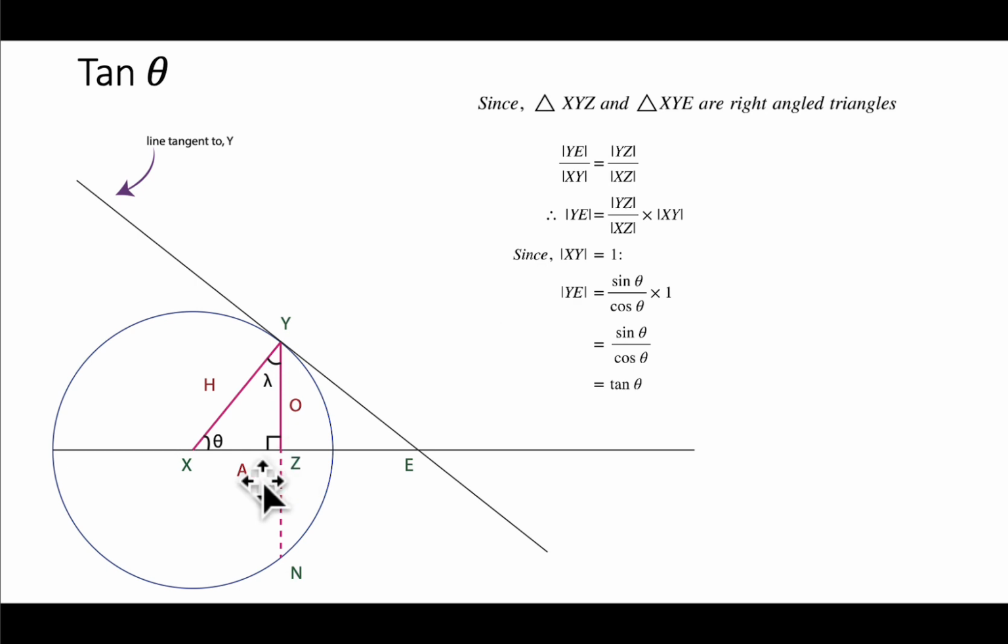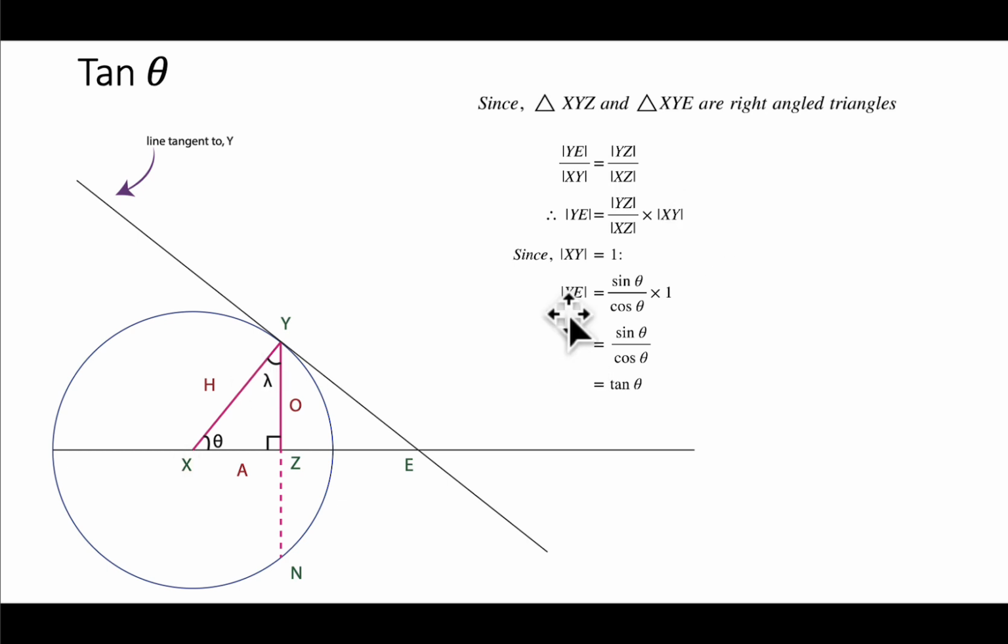But since XY is equal to 1, and since in a circle of 1 unit YZ is sine and XZ is cos, YE is equal to sine of theta divided by cos of theta multiplied by 1, because XY is 1.